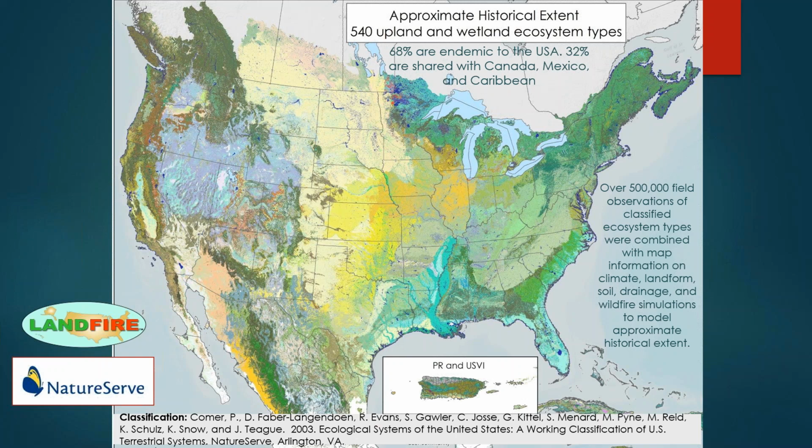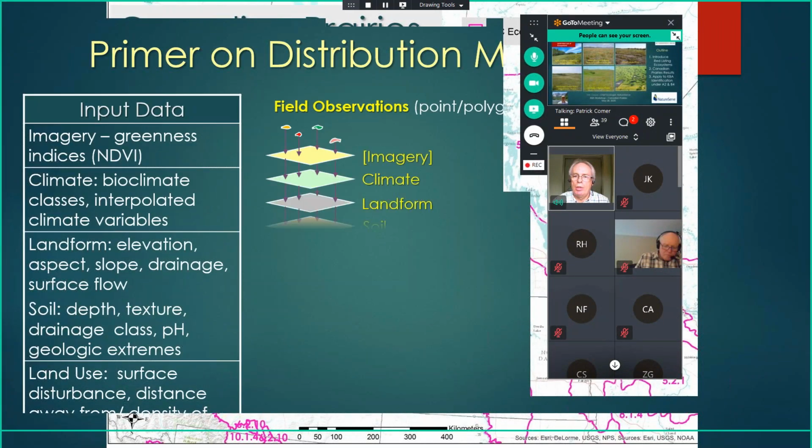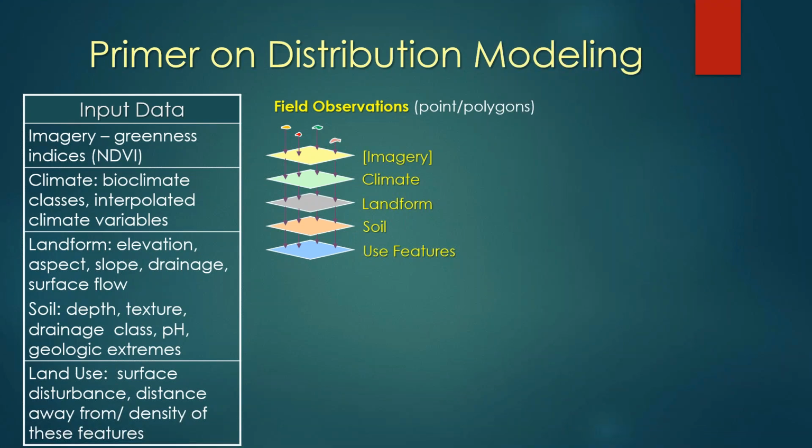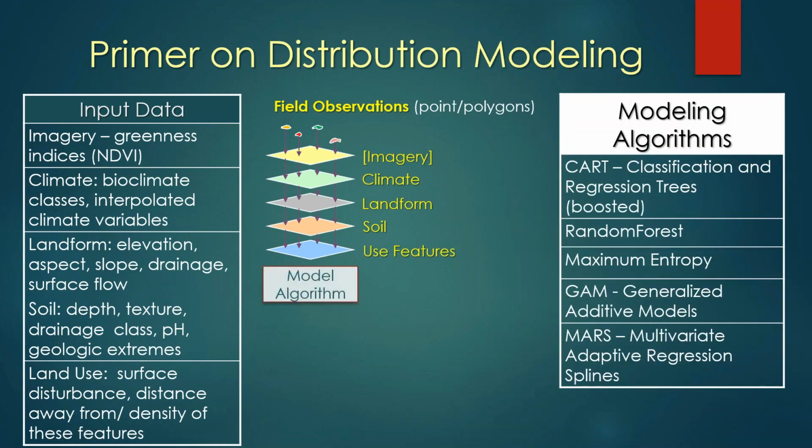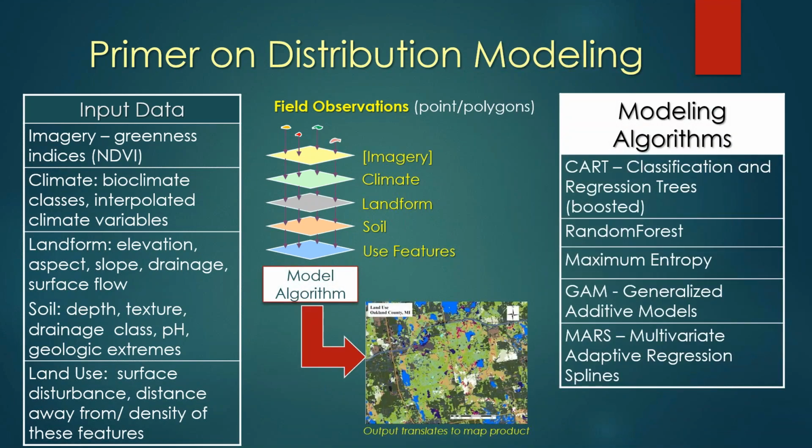Just to give you a quick sense of some of the spatial modeling I'm referring to, some folks might be familiar with species distribution modeling. There's a similar parallel approach that is often used at continental scales for vegetation type modeling and mapping. So we might take many observations of a given ecosystem type of the many types we want to map and model, and then combine that with map information, be it climate or satellite imagery, landform, soils, and other kinds of features, and combine that with modeling algorithms to actually generate a map.